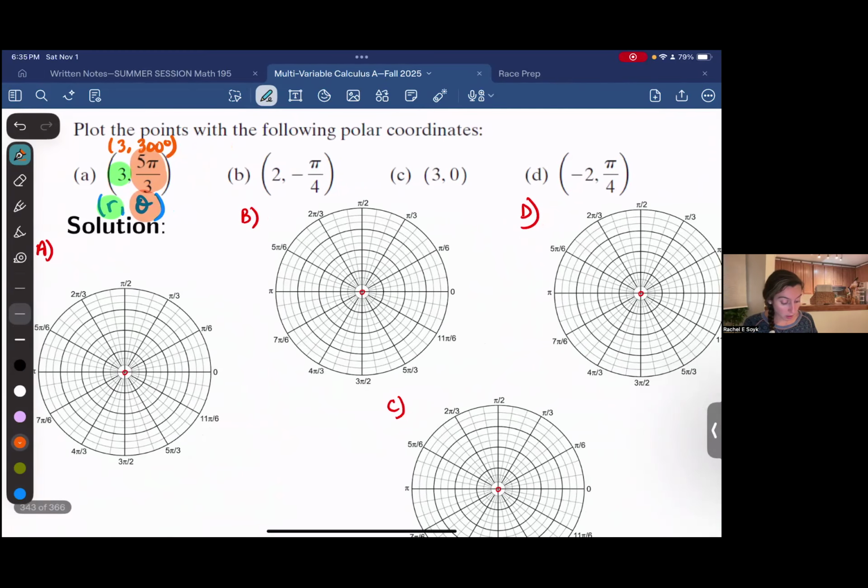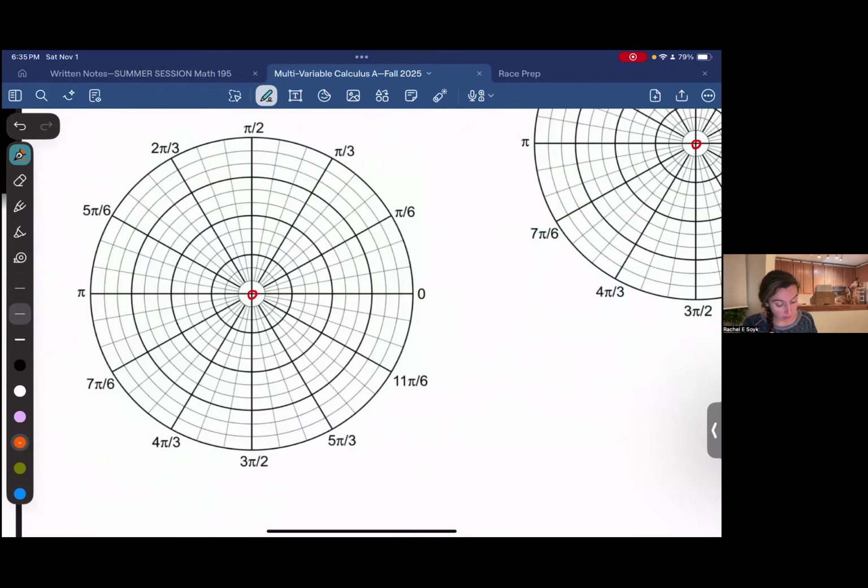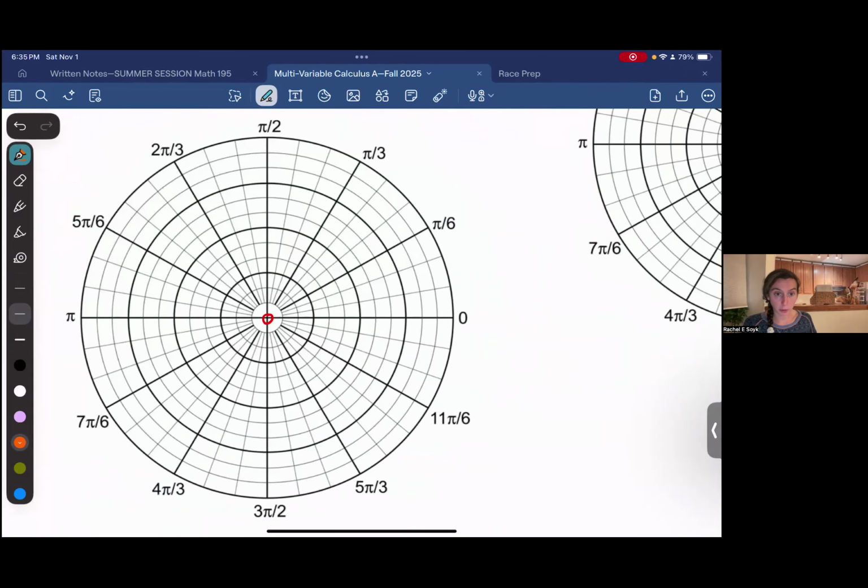300 degrees. Well, if we zoom in on our polar coordinate plane, 300 degrees is going to lie in this fourth quadrant here. And we know the fourth quadrant is 90 degrees. But if we cut that 90 into thirds, we have 30, 60, 90.